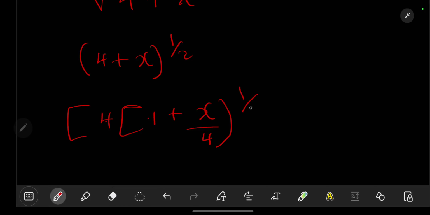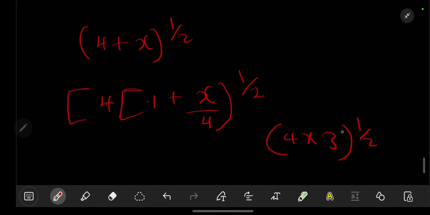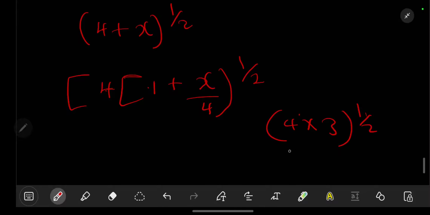Then we are going to have half. Now if you are multiplying two numbers, if you have 4 times 3, like that, then you have half. That means to say this half will be here, 4 to the power half times 3 to the power half, like that. So that's how it works. So same here.